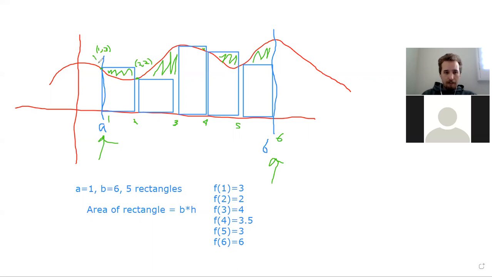The leftmost point of the first rectangle is f of 1, which is equal to 3. And then the leftmost point of the second rectangle is here, f of 2 is equal to 2. What is the leftmost point of the third rectangle?